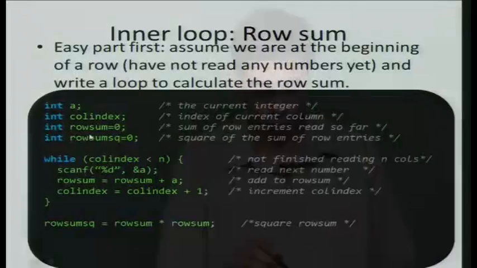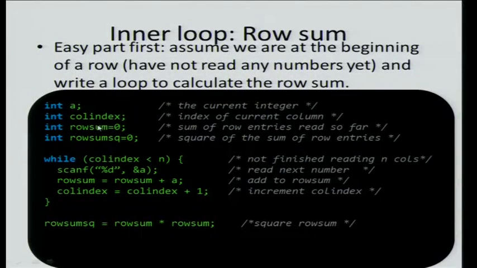We declare 4 variables: a, column index, then we need something for the row sum, and some integer variable for row sum squared. Okay. Now what you do is you go along the row and add the numbers in each column.